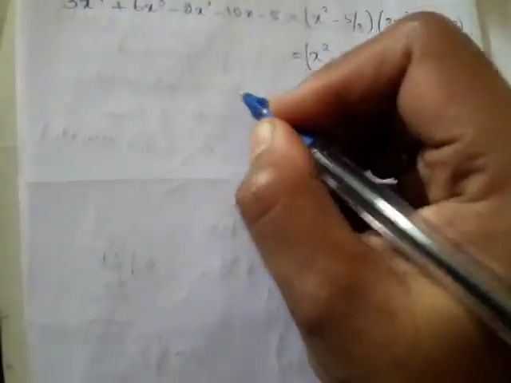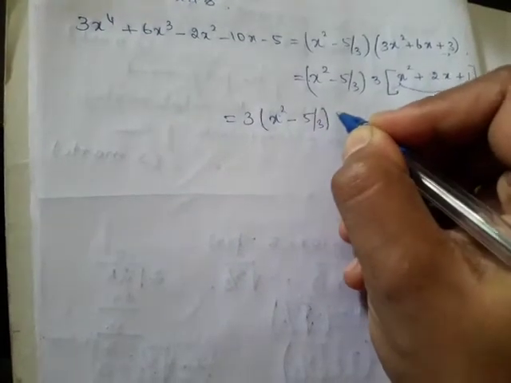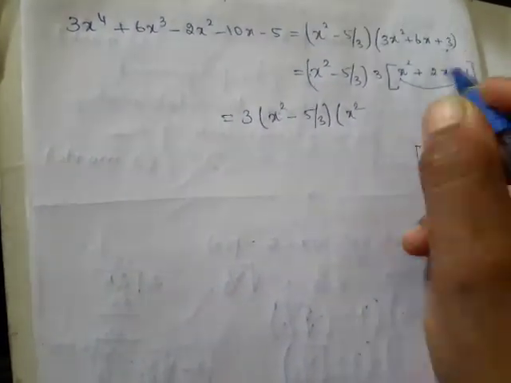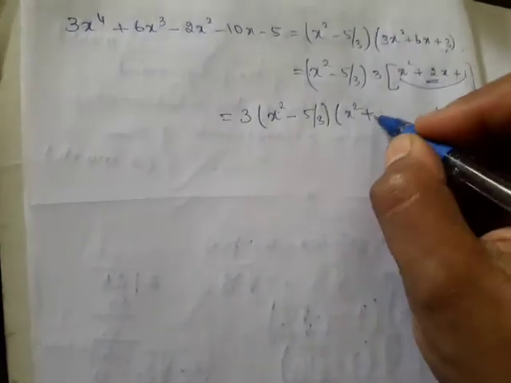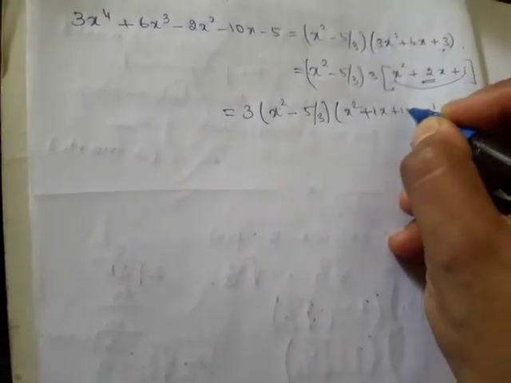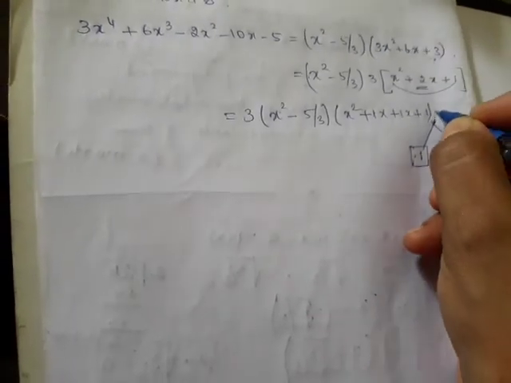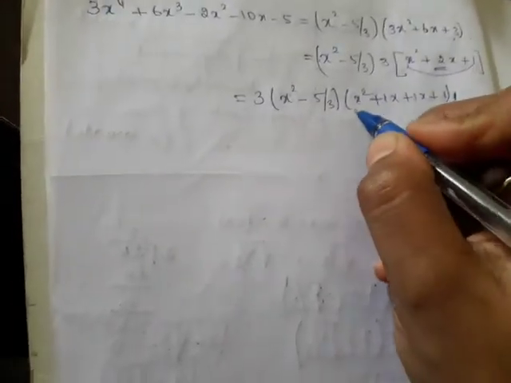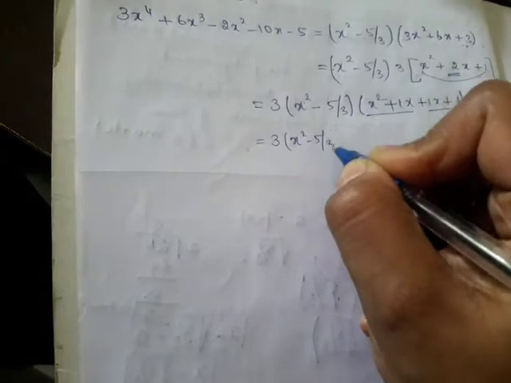So I got 3 into x square minus 5 by 3. Here x square plus, instead of middle term I am going to write plus 1x plus 1x plus this one, right. Now take the first two terms and the last two terms and take the common term out. 3 into x square minus 5 by 3.